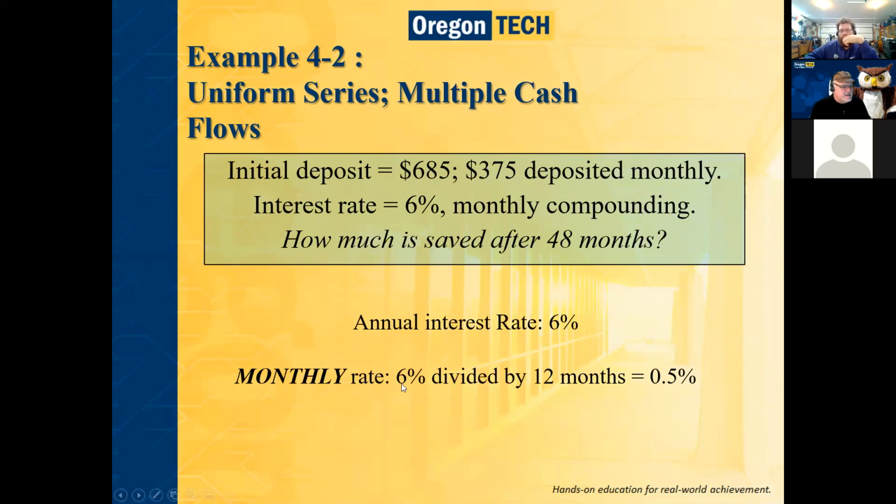So 6% divided by 12 months a year, because it's saying monthly compounding. And as long as there are 12 months in the year, you'll divide by 12 for monthly compounding. That gives you a 0.5% rate that you're actually going to use in your calculations, because you're having 48 months at 0.5% compounded monthly.